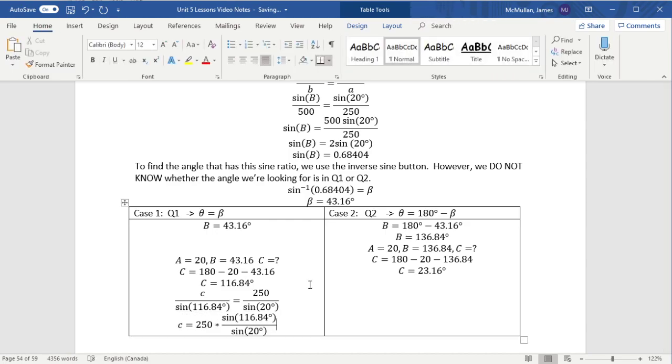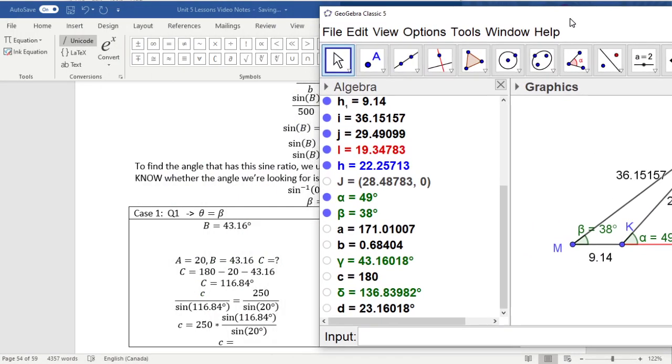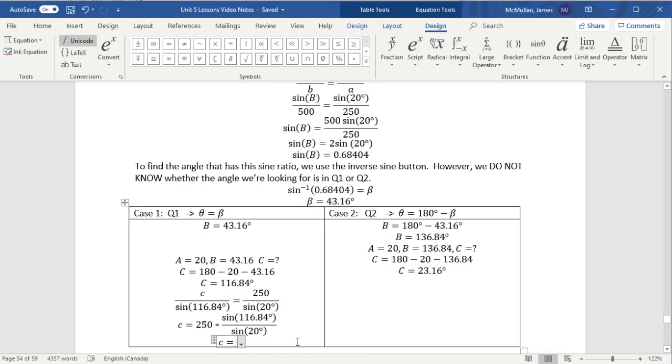Okay, and if we finish that off, 250 times sine 116.84 divided by sine 20 is 652.206.